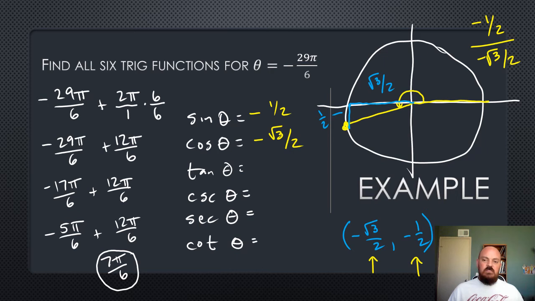And also, one of the things that's kind of nice, the way it works out, sine and cosine always have the same denominator when they're fractions. And when you divide them, those twos just cancel out. So negative over negative becomes positive. What I get for tangent is positive 1 over radical 3.